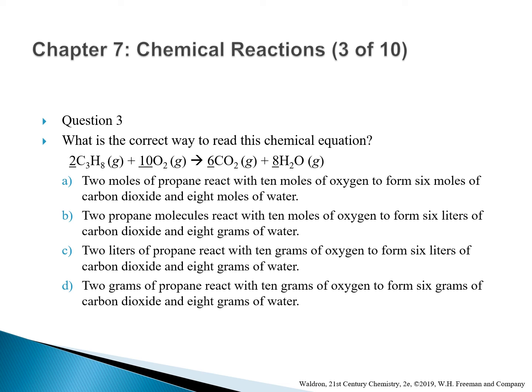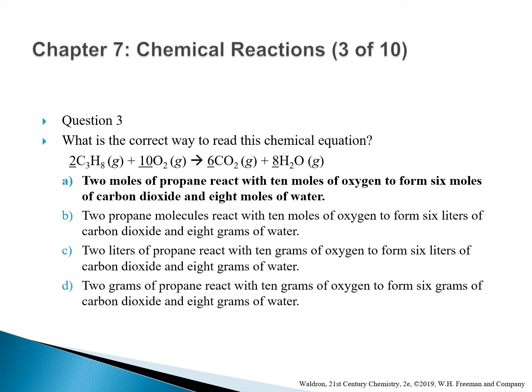C. 2 liters of propane reacts with 10 grams of oxygen to form 6 liters of carbon dioxide and 8 grams of water. D. 2 grams of propane reacts with 10 grams of oxygen to form 6 grams of carbon dioxide and 8 grams of water. Please pause your video here.